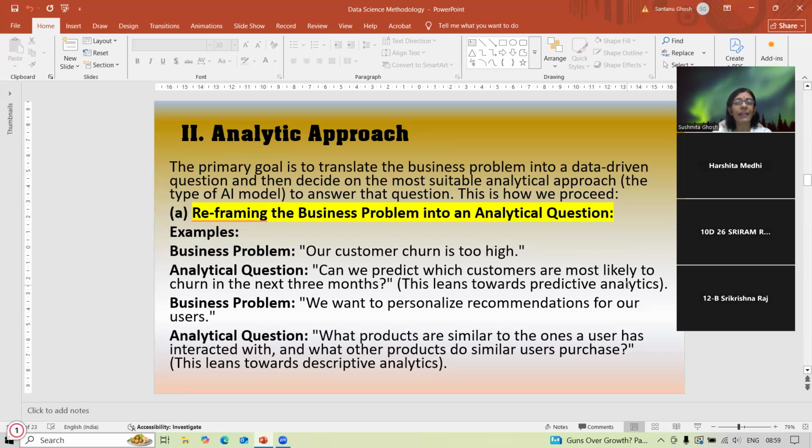But then you have it in every site of that kind, whether it is Pinterest, whether it is some other thing, or even if you are searching for some hotels in Make My Trip or something like that. So automatically वो personalized recommendations हो जाते हैं, right? So इसका क्वेश्चन क्या है? What products are similar to the ones a user has interacted with, and what other products do similar users purchase?